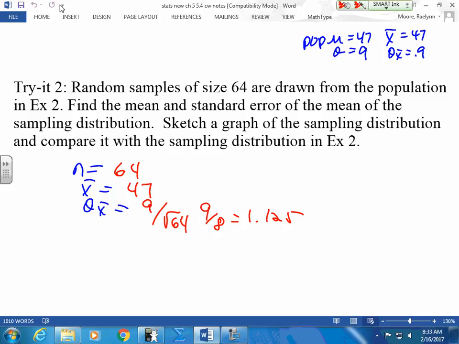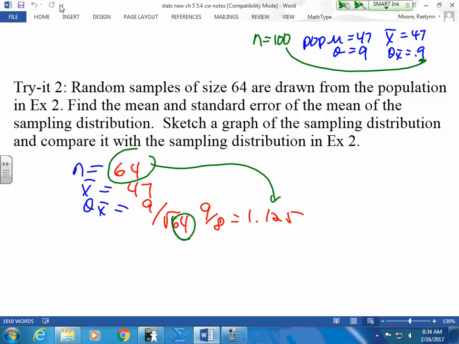Now, let's see if we can make an inference about this. When my sample size was 100, this was my standard deviation. When my sample size is 64, this is my sample standard deviation. What caused that to change? Well, I divided it by the square root of n, right? Otherwise I'm still using the same population standard deviation.